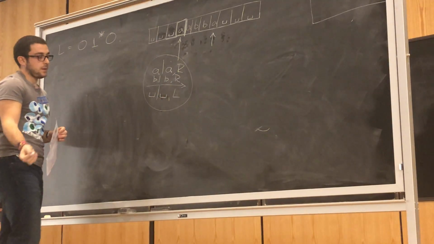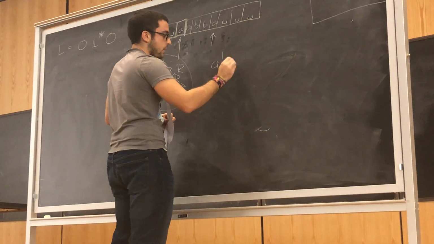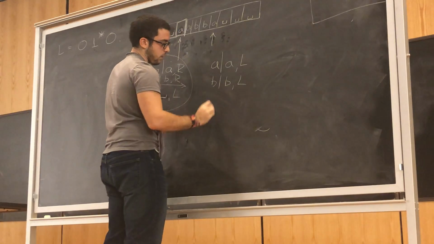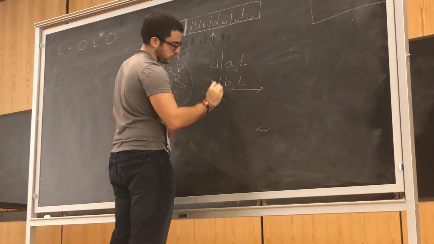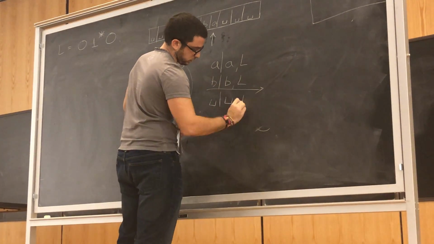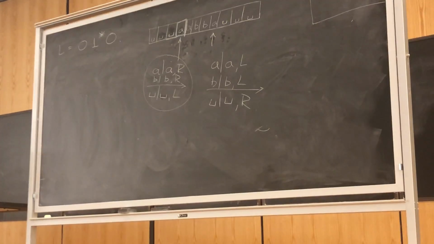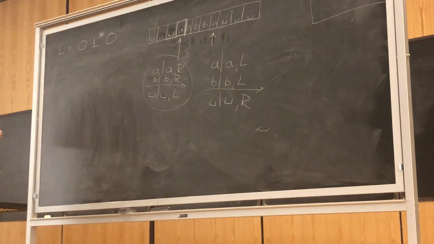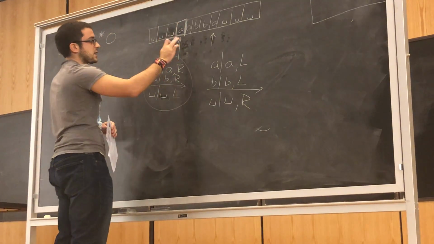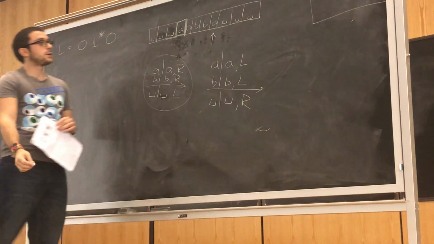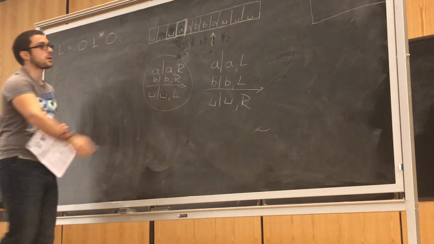Now if you define this in the opposite way, what would this do? So it would start, let's say that you don't start anymore at the first input character of your string, but you start here.